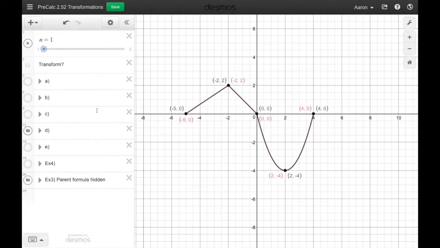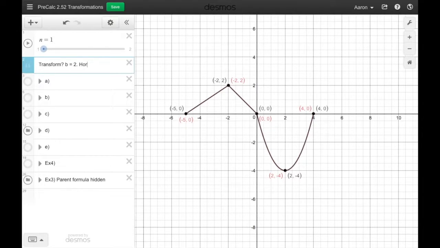Example D. You can see that s of x is equal to f of 1/2 x. Well, what are we going to do? I think again, that's a b value, but you can consider it x divided by 2. The reciprocal of what you're multiplying is what you're dividing, so b is equal to 2.